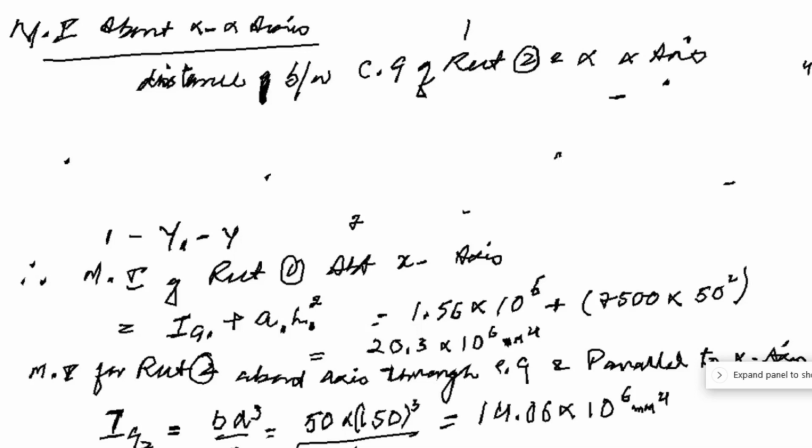Okay. Now that will be your h2. h2 will be simply equal to y bar, how much was it? It is 125 minus 75.